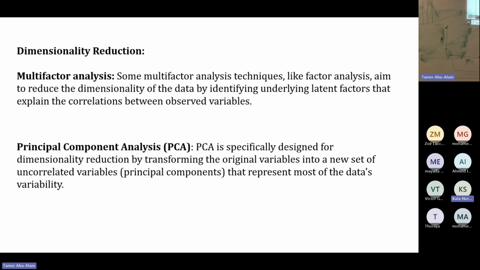It's still quite hard to see it. I hope now it's clear somehow. This is the X variable, this is the Y, and these are the points.